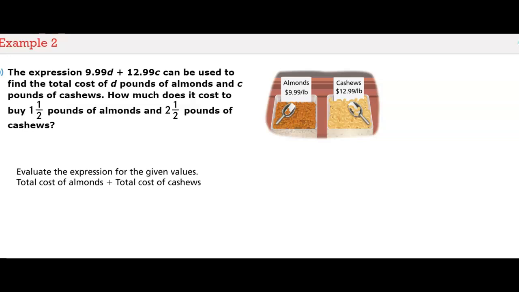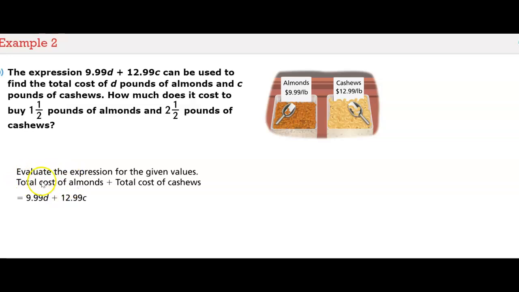First, we will evaluate the expression for the given values, total cost of almonds plus the total cost of cashews. Then we take the numbers and substitute that for the words we use to create our expression.